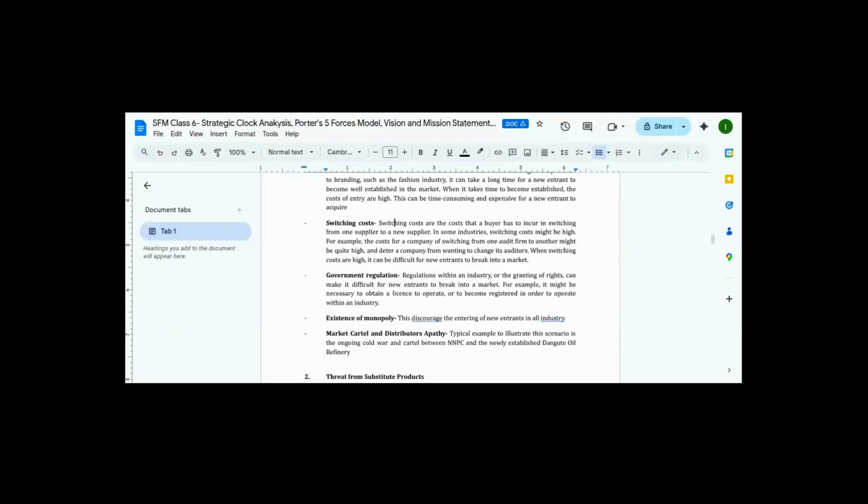But if the switching cost is low, we introduce our own soft drink at 500 naira and they are selling Coke 500 naira, Pepsi 500 naira, Biggie 500 naira, RC Cola 500 naira, American Cola 500 naira. The switching cost is the same. Customers can take the risk. It doesn't cost them anything.